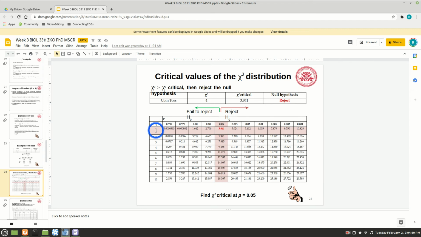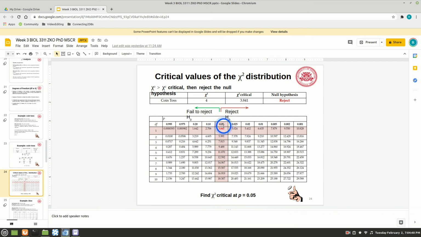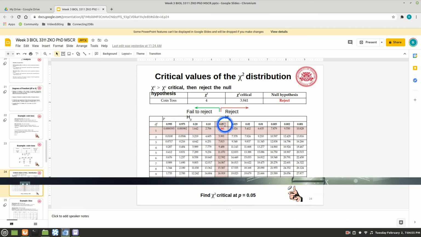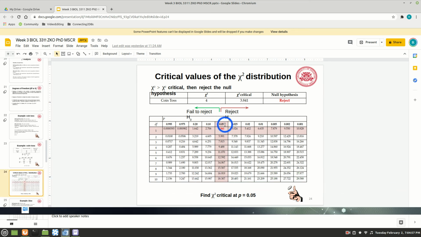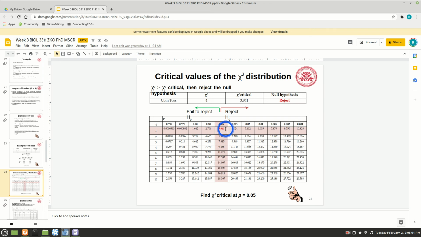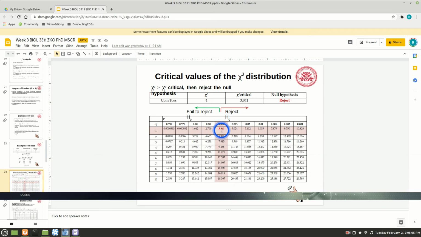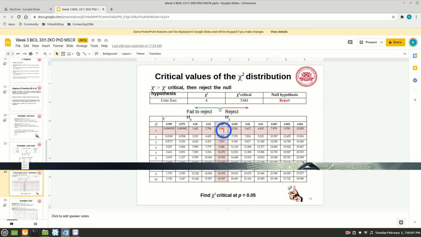Then we get a choice. How accurate, or should I say precise, do we want to be? If we want to be right 95 out of 100 times, we would go to the 0.05, because this is how often you're wrong. So think of it this way: I'm wrong essentially 5% of the time. If I'm willing to accept that rate of being wrong, the number is 3.841.